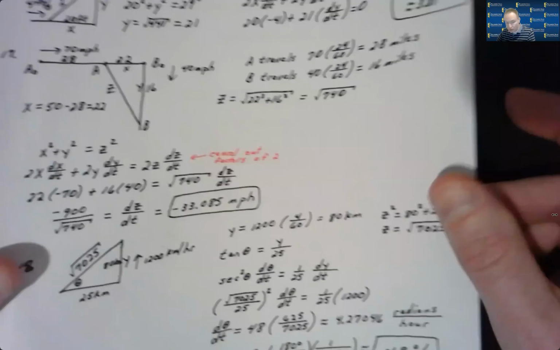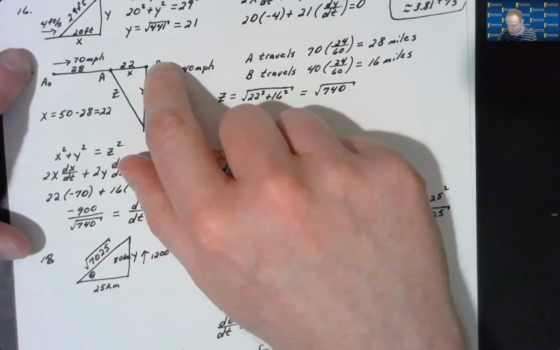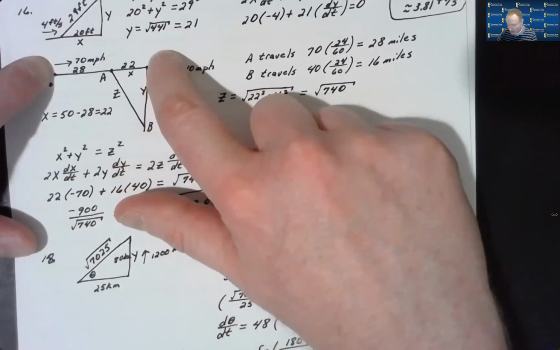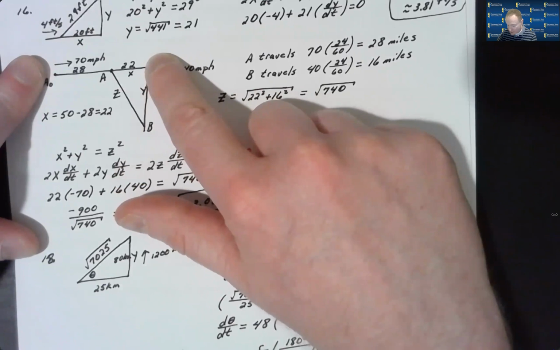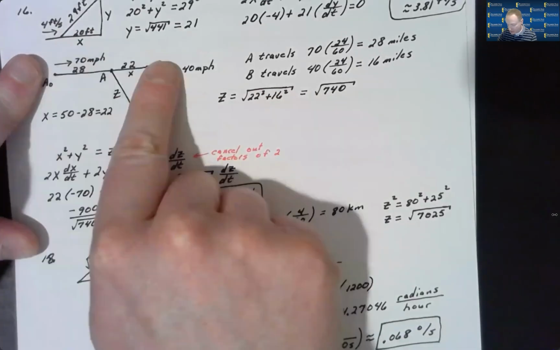Okay, so in this problem, the first thing I did is draw up the initial conditions, the original position of A and the original position of B. I know they're 50 miles apart. Now, what I went ahead and did was figure out where the ending position of A would be.